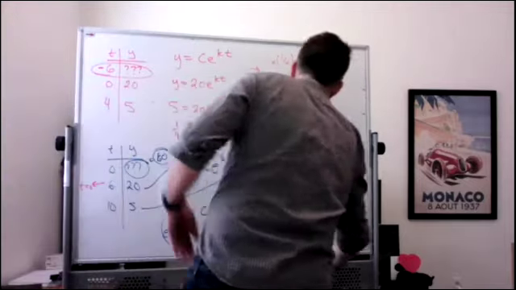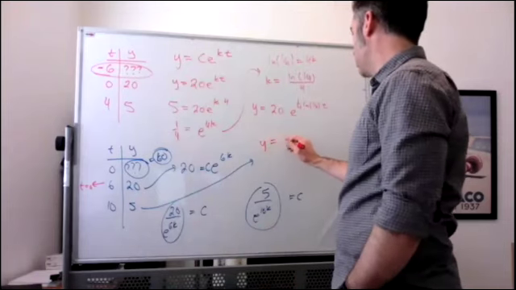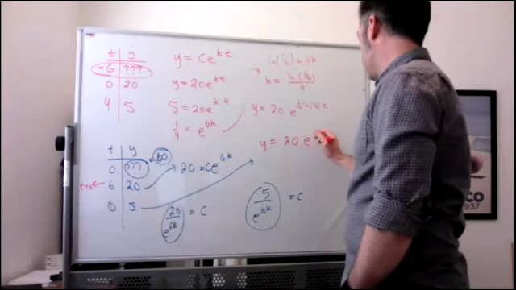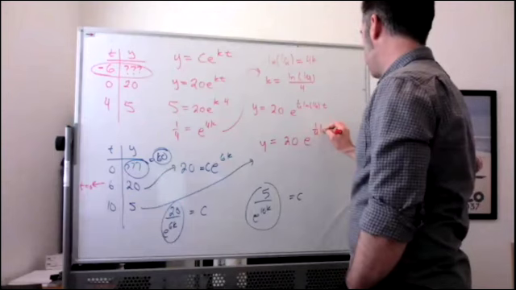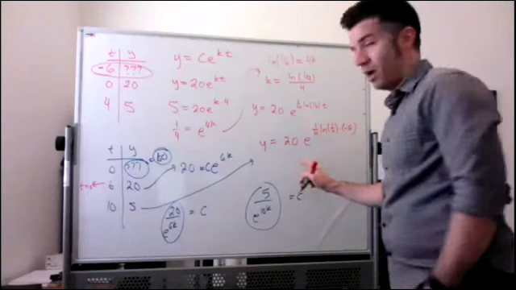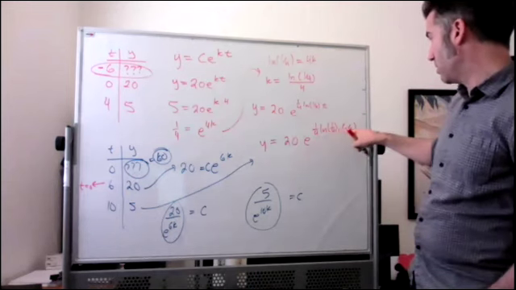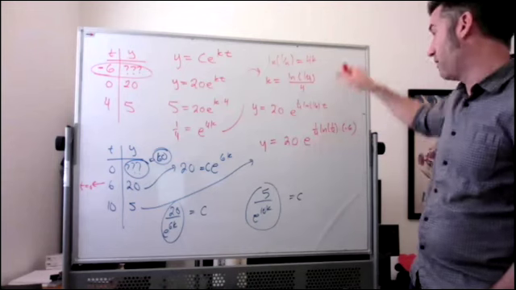So we can say, all right, y is going to equal 20 e to the 1/4 natural log of 1/4 times -6. I'm not going to finish simplifying this because I'm just going to show you it's the same thing that we already have. So -6 times 1/4 is -3 halves.